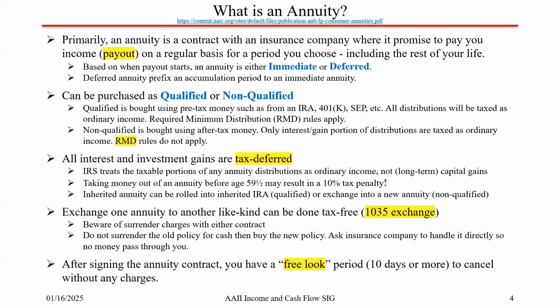The most important thing is you don't really know what the annuity is until you sign it, buy it, and look at the contract. They give you the contract, and when you get it, you have 10 days to look through because there might be fine print in there that you don't like. So within that free look period, you can just cancel without any charge.